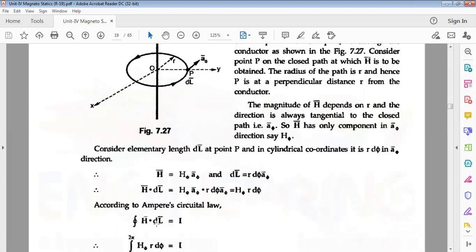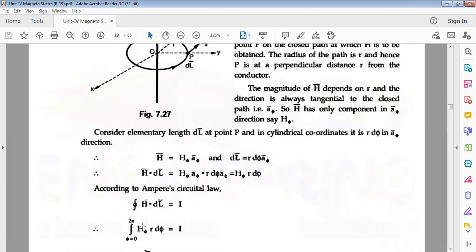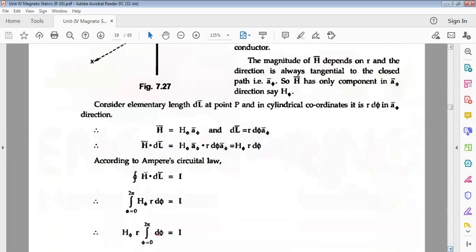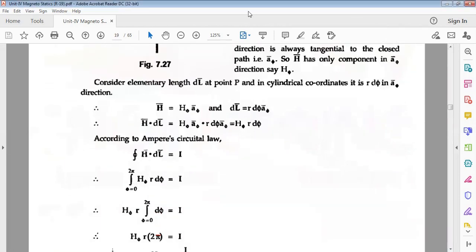According to Ampere's circuital law, the integral of H bar dot dl bar is equal to I. So we got H phi R d phi with limits 0 to 2 pi. H phi and R are constants. H phi R times the integral of d phi, upper limit 2 pi, lower limit 0, is equal to I, the current.